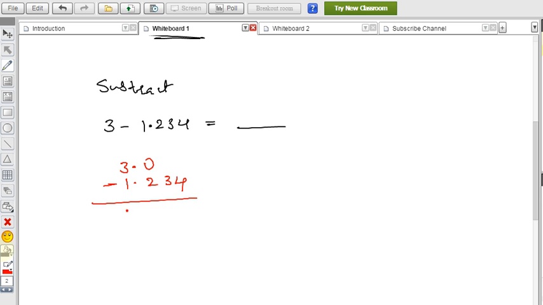In this case, the gaps, which are empty places, you can fill with zeros, so you will not get confused. Now normal subtraction you can do. 3000 minus 1234. 0 minus 4 you cannot subtract, so borrow from 3.